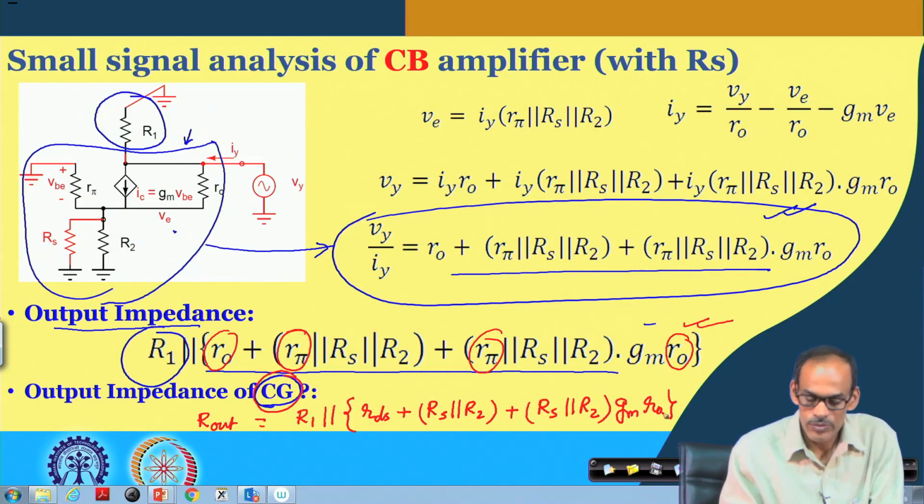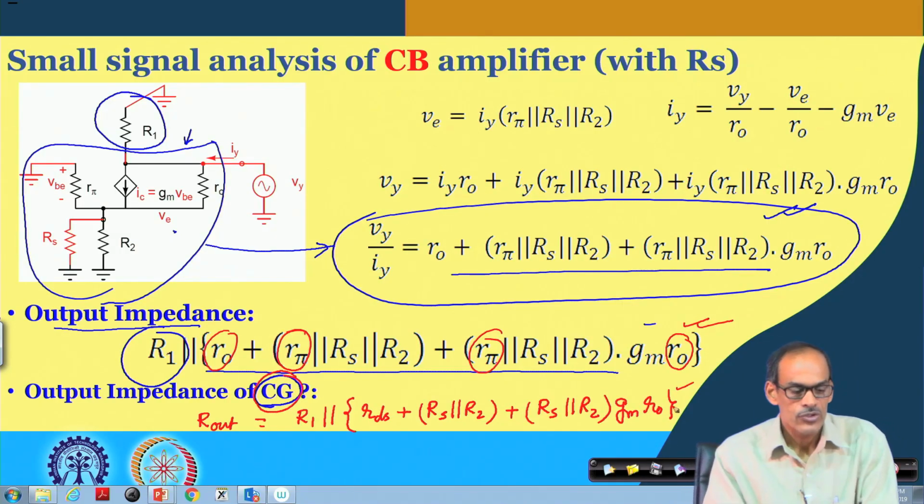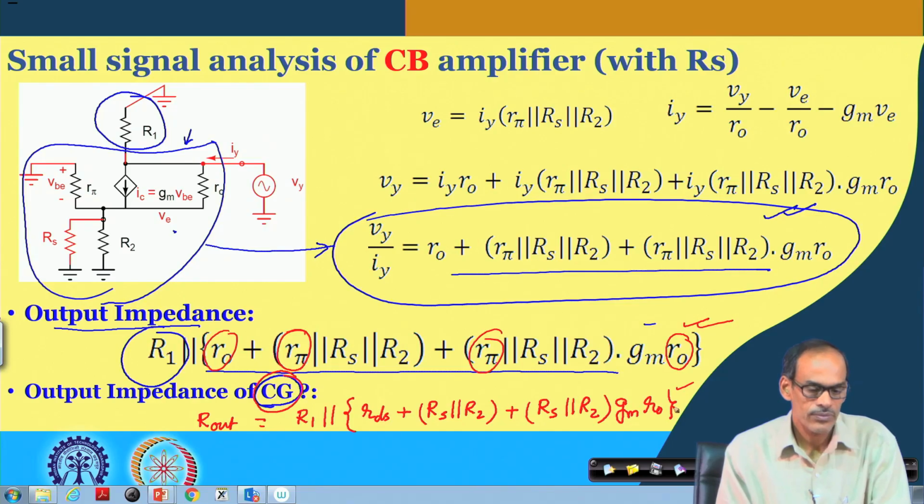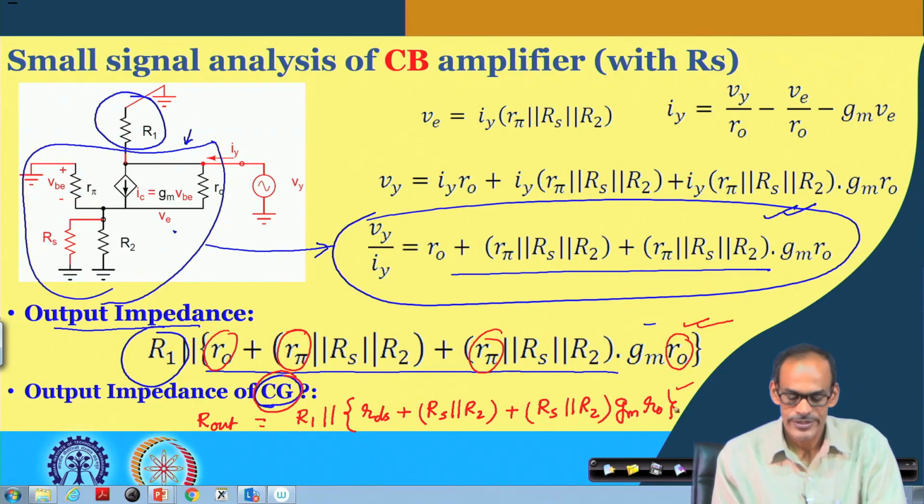So, again the output resistance here is high. So, we are convinced that for common base or common gate the output resistance is very high.